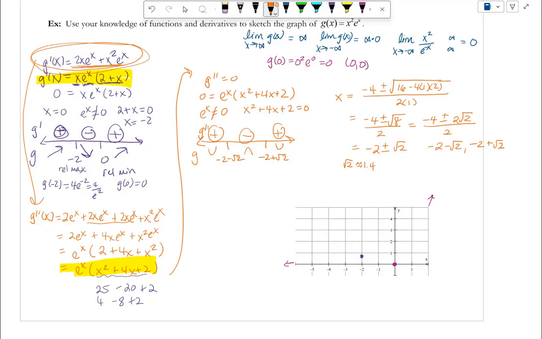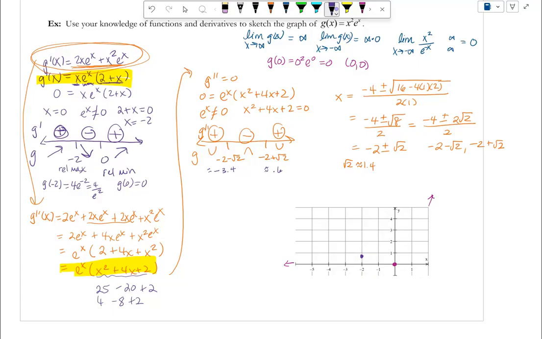All right, so I'm just going to approximate on the graph where negative 2 minus the square root of 2 would be. So that's going to be roughly at like negative 3.4, because it's roughly negative 2 minus 1.4 approximately. And then that means this is going to be roughly at negative 0.6.